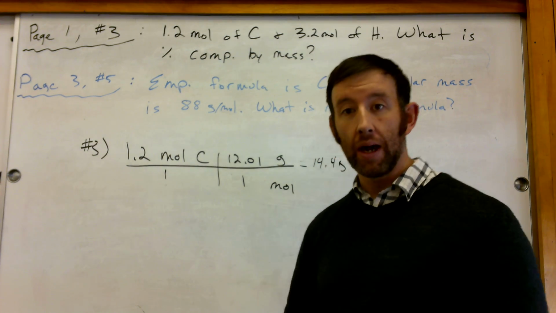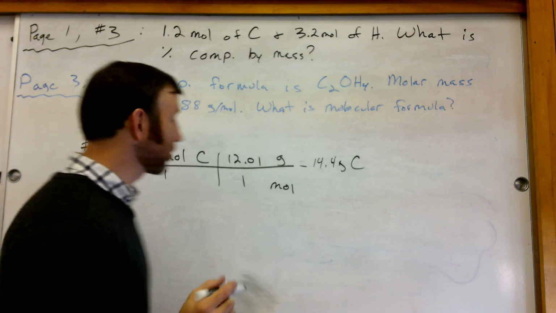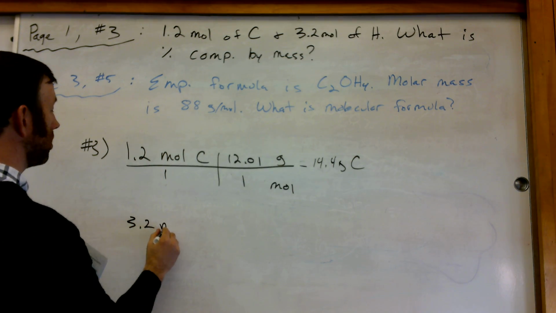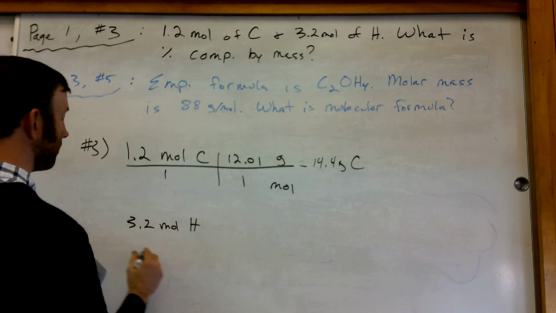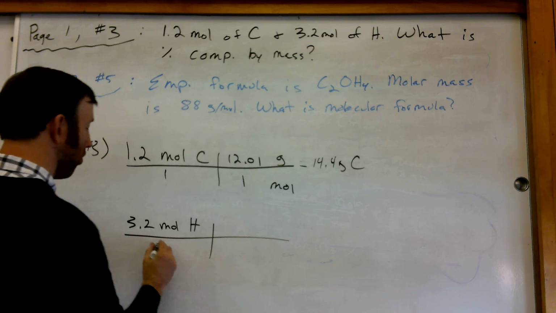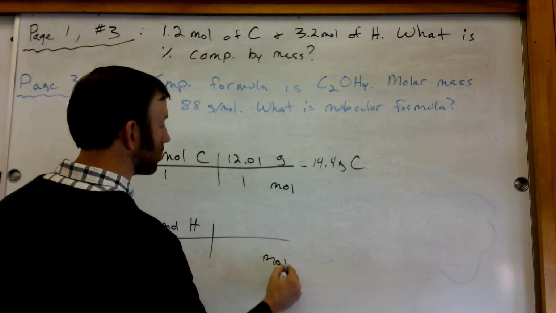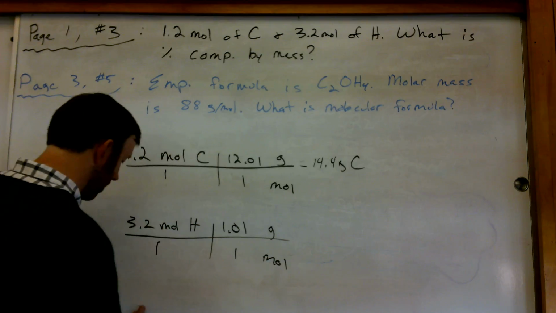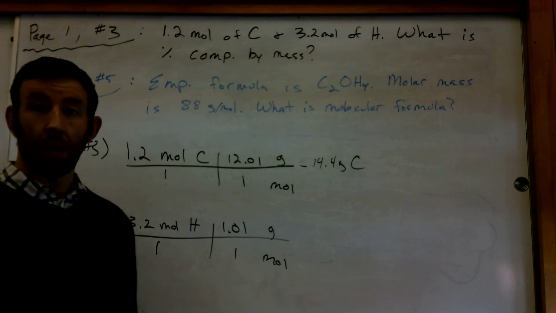of carbon. Now I'm going to follow that up with a quick calculation for hydrogen. I have 3.2 moles of hydrogen over 1, moles to grams, 1.01 grams per mole. Again, that's the number I get from my periodic table.